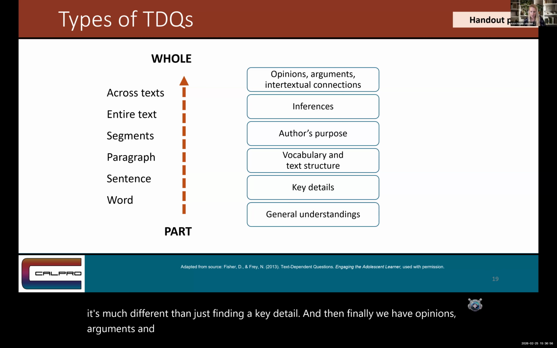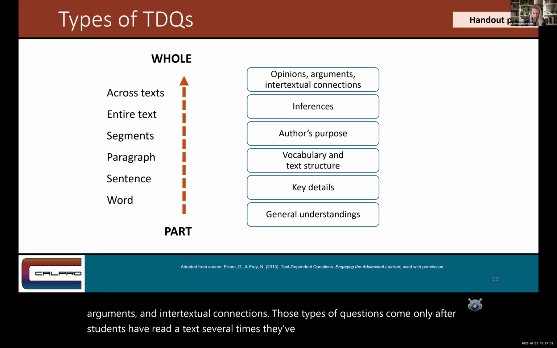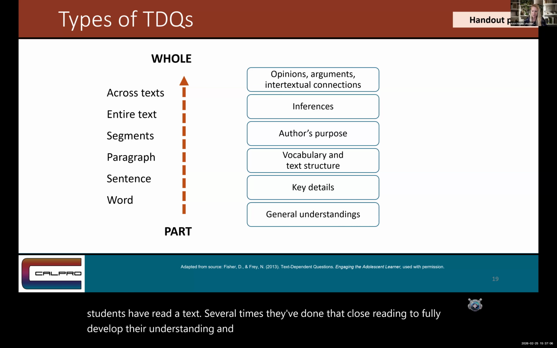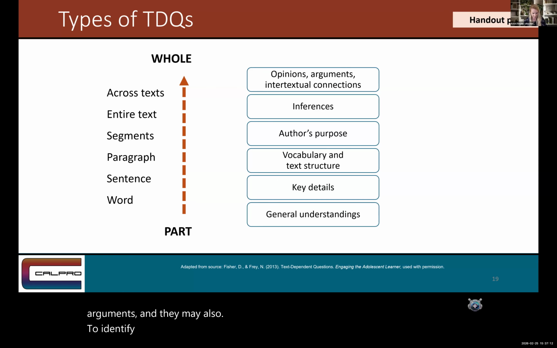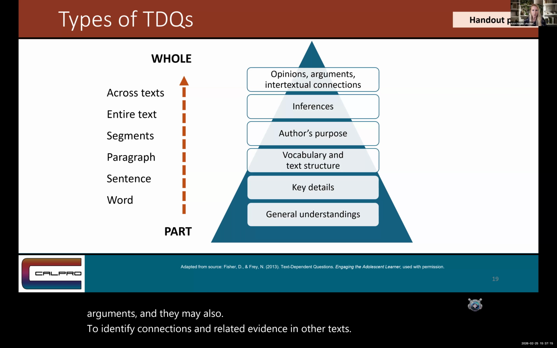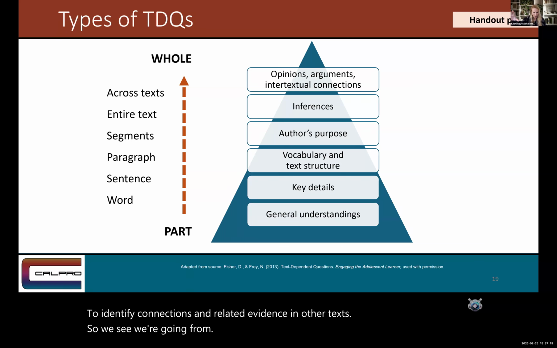Those types of questions come only after students have read a text several times. They've done that close reading to fully develop their understanding. And then from there, they can form opinions and arguments, and they may also identify connections and related evidence in other texts. So we see we're going from part to whole.